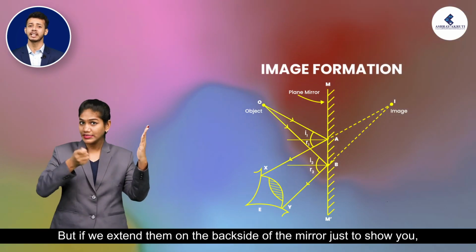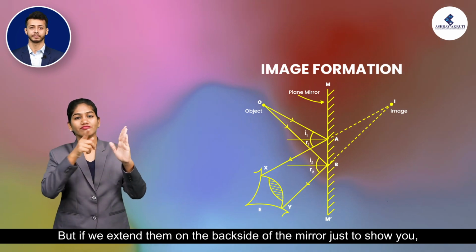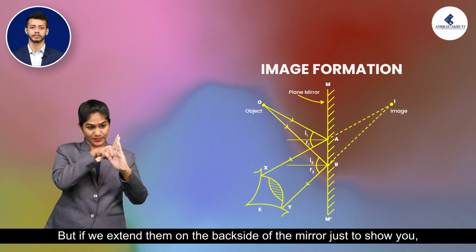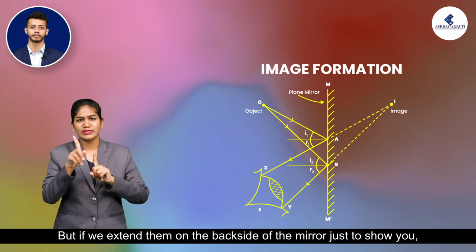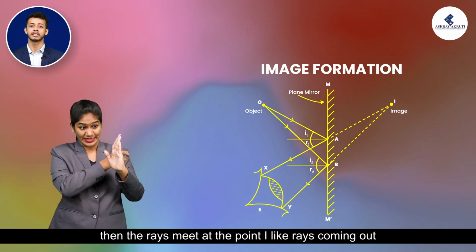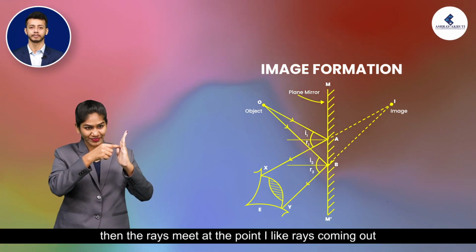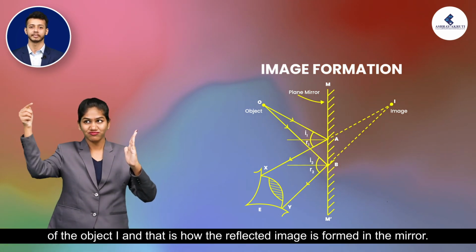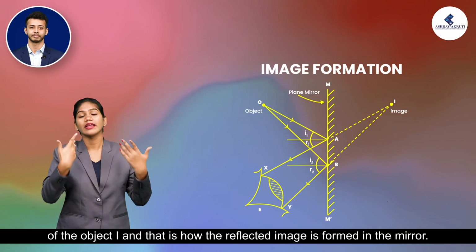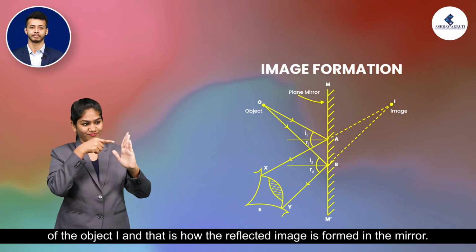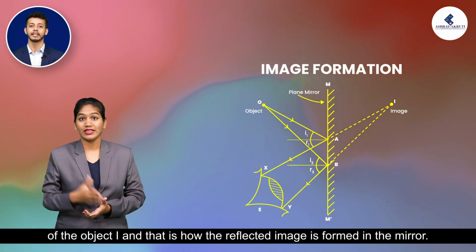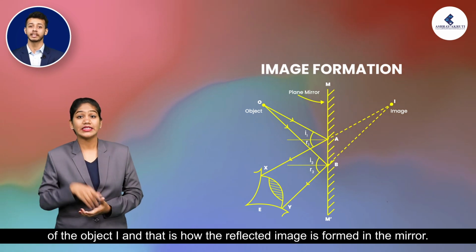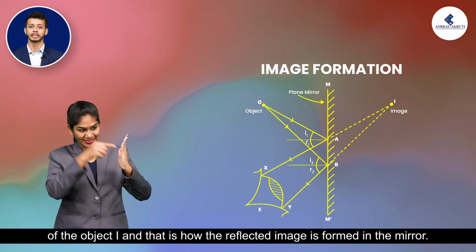But if we extend them on the back side of the mirror, just to show you, then the rays meet at the point I, like rays coming out of the object I. And that's how the reflected image is formed in the mirror.